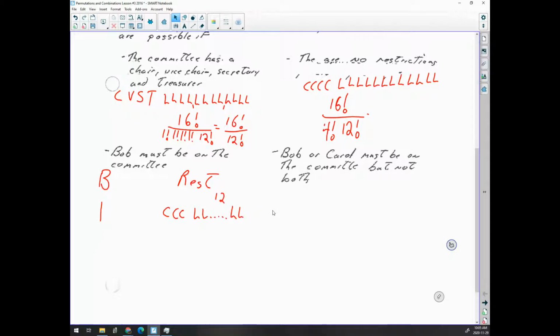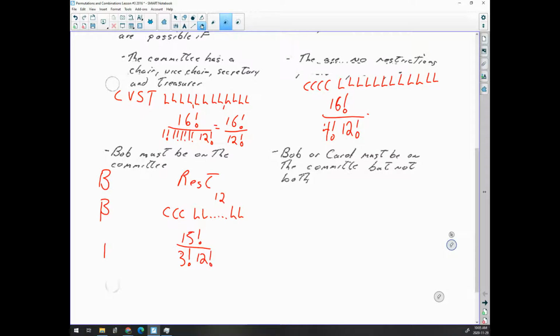And I'm getting tired of writing L's out, so I'm just going to say there's 12 L's there. So we have one way to put Bob on the committee, and we have our 15 factorial, because we've taken Bob out of the group that we now have to put on the committee. 3 more people will go on the committee, and 12 that will not.